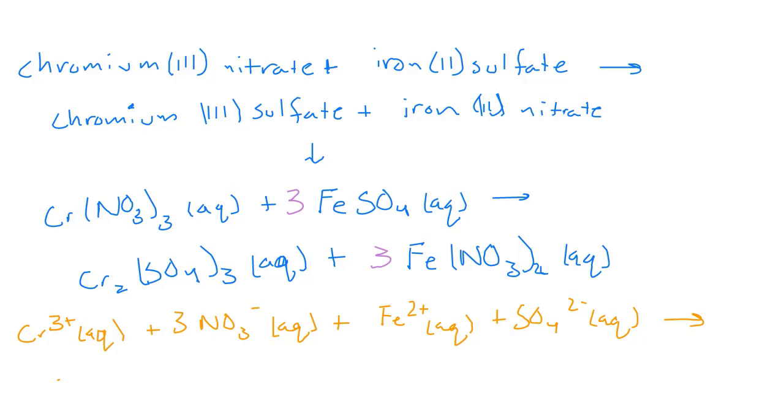Our irons are balanced, but now that's affecting our nitrate number. 3 times 2 should give us 6 nitrates, so we need to put a 2 here to get 6 nitrates on the reactant side. And now the chromiums are balanced. So go ahead and rewrite the coefficients: a 2 here, a 6 right here, a 3 here, and a 3 here.